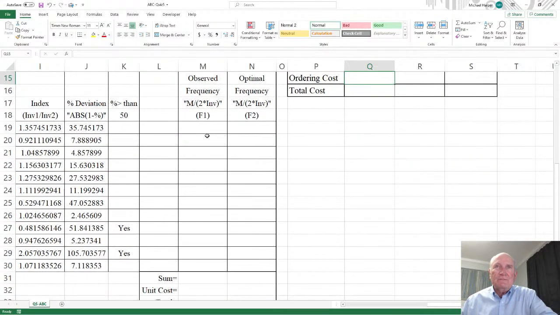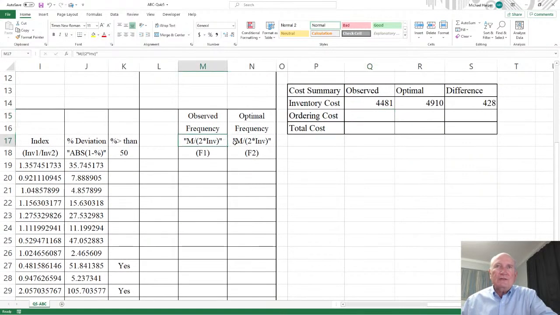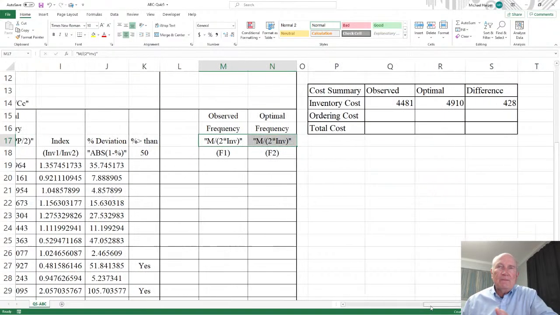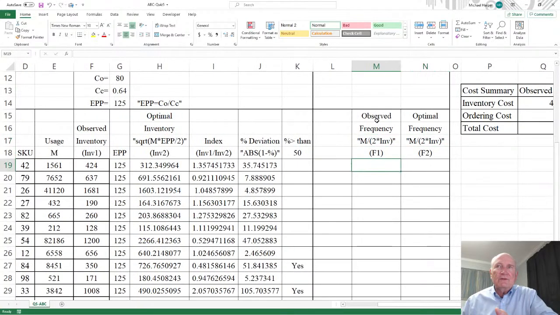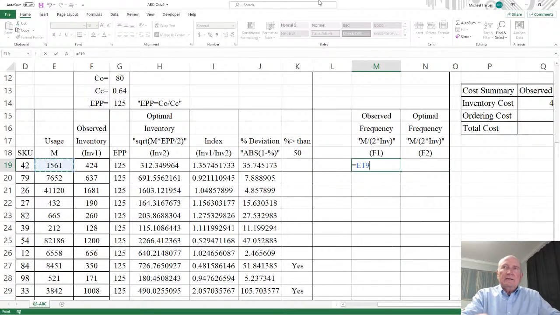We need the frequency. Okay, now I'm going to use this equation here, actually for both, M over 2 times the inventory. So for this one, for the observed, this is going to equal M, here's M, divided by, open parenthesis, 2 times my inventory for my observed, which is that right there.